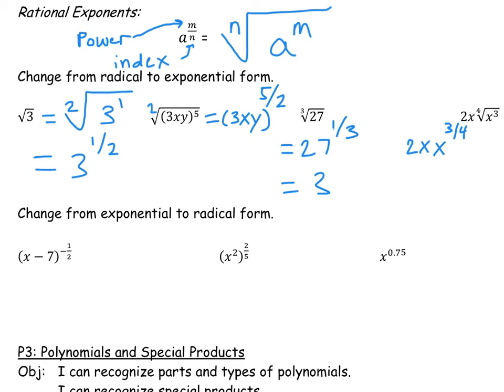Now notice I've got two exponents that have the same base. This x is to the 1st power. So what I'm going to do here, I want to add those together, because if I'm going to be in exponential form and simplified, those two exponents that have the same base should be written as 1. So here's how I'm going to do that. 1 is the same thing as 4/4.